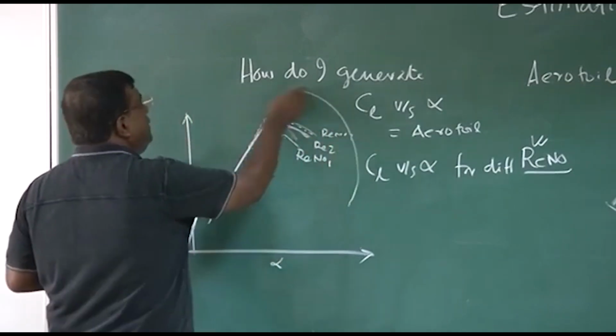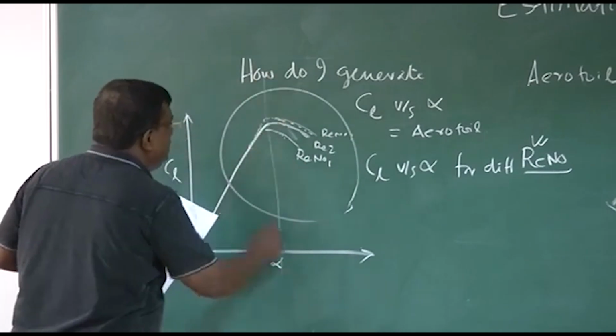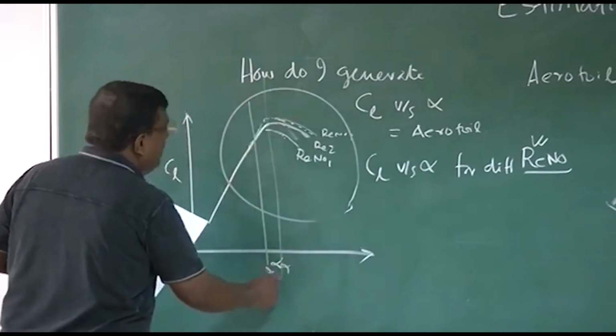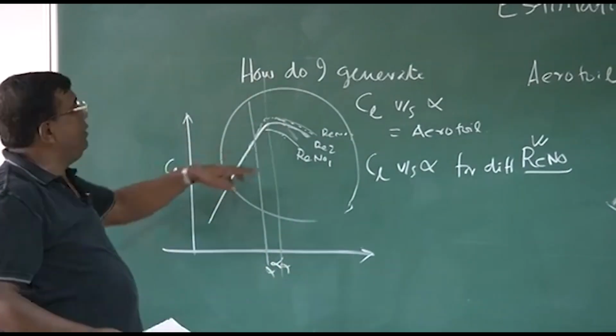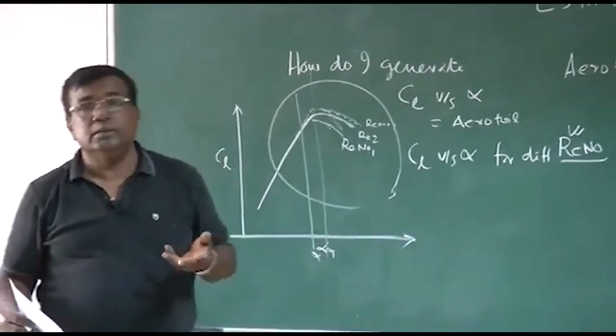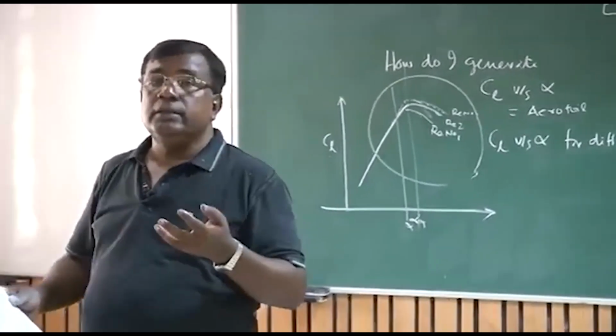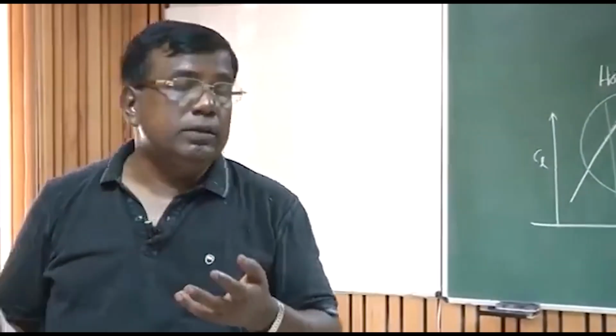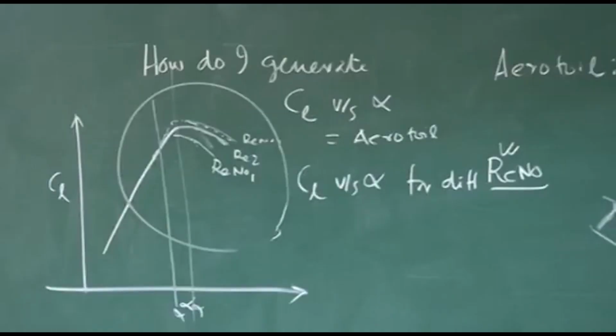You'll find the same alpha, but depending upon Reynolds number, the CL value will go on changing. Correct? So this is very, very important to capture and make your understanding very clear.